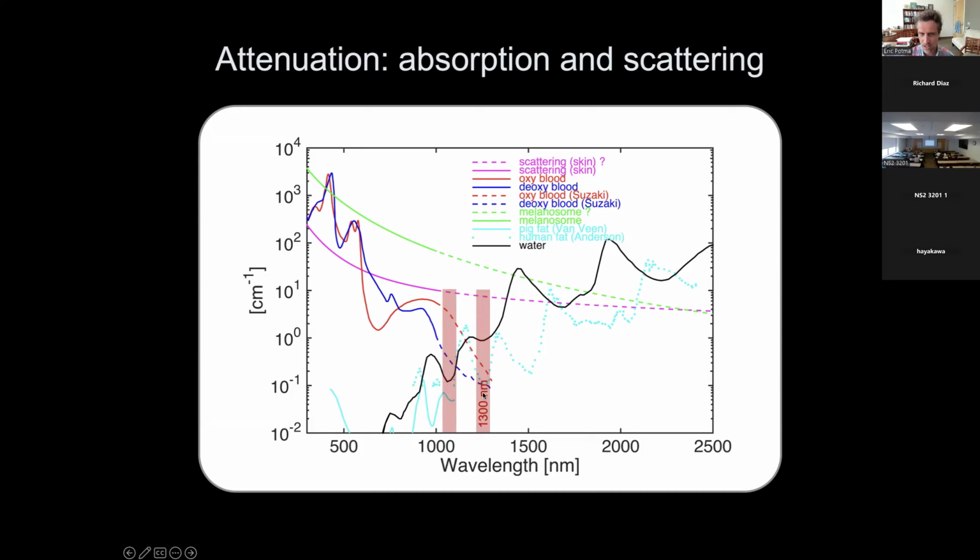That's 1,300 nanometers. And then you can go out even further. Let's say the dip over here, around 1,700 or so, is also attractive. It's attractive mostly because scattering is extremely low there, so you can go very deep. And water is really your limiting contributor here. So this graph is really useful in choosing which wavelength to use.